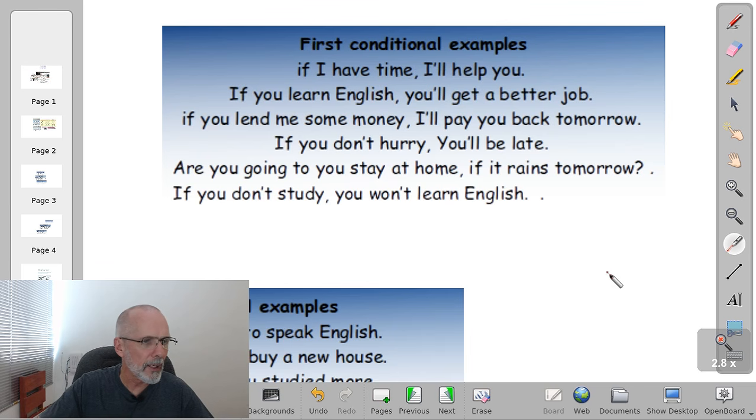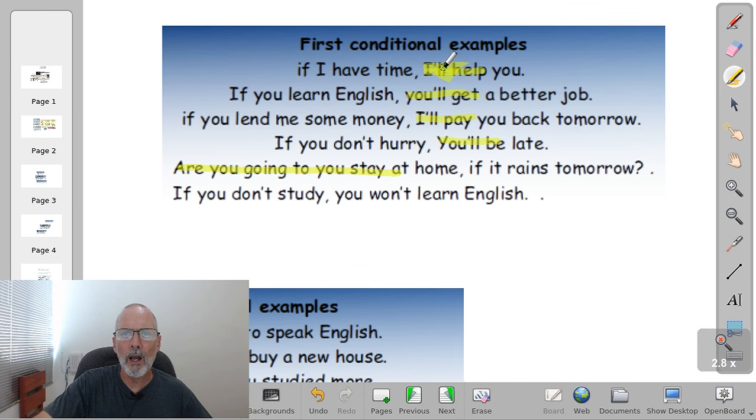Now this one is a little bit different, and something that I didn't mention before is that up until now we've seen that everything is with the future simple, but here I'm using the going to structure, and that's okay because the going to structure is also used for the future.